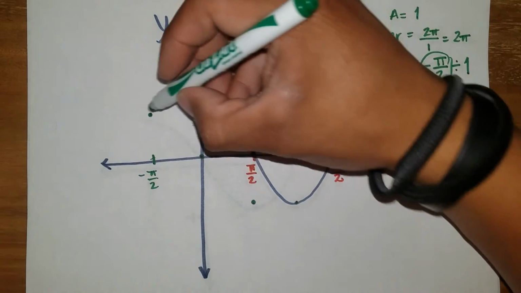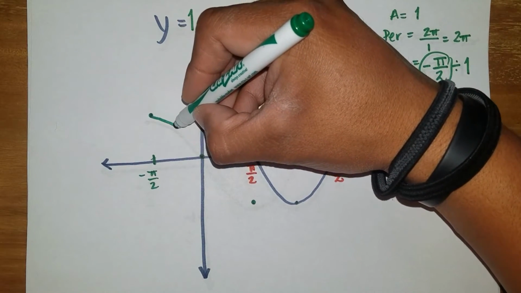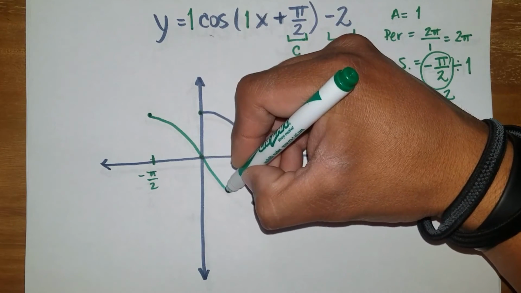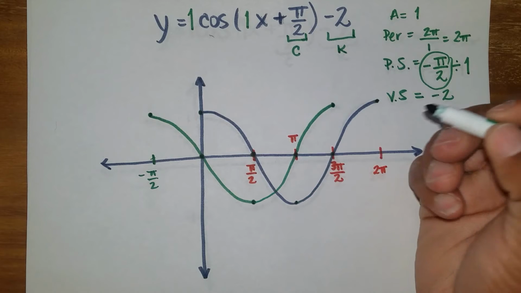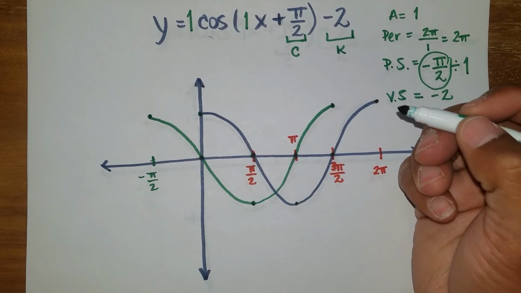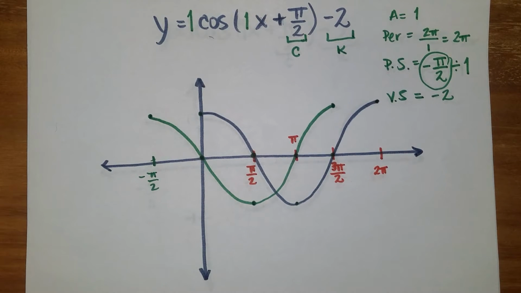So now that we have our points set up, let's connect the dots. As you can see, it's basically the same graph as cosine x, just shifted to the left.